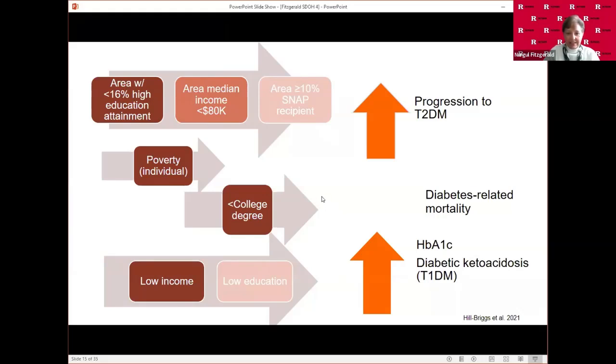All of these things are related, not just to the prevalence or incidence of diabetes, but, as this one highlights, to the progression to type 2 diabetes mellitus, diabetes-related mortality, or diabetes management. Diabetes complications are also linked to all of these socioeconomic factors, HbA1c being a measure of blood glucose management.